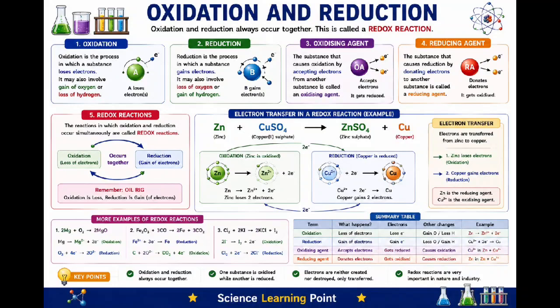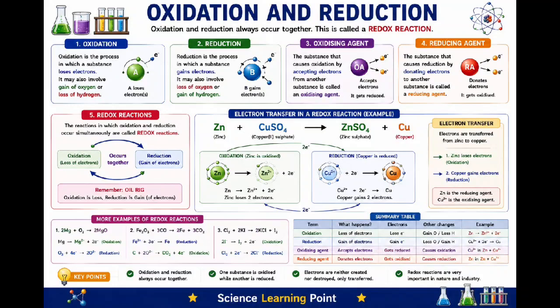Now let's understand the reducing agent. A reducing agent is a substance that causes another substance to become reduced. It does this by giving or donating electrons. Because it loses electrons, the reducing agent itself gets oxidized.